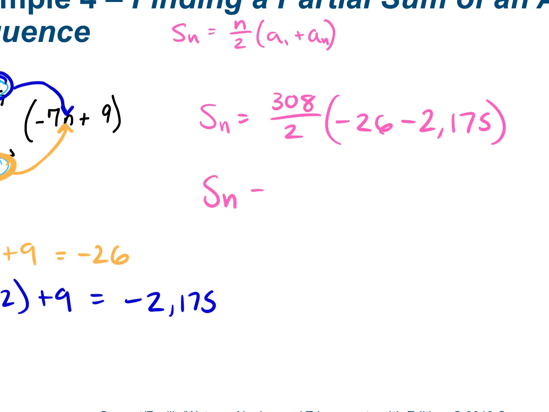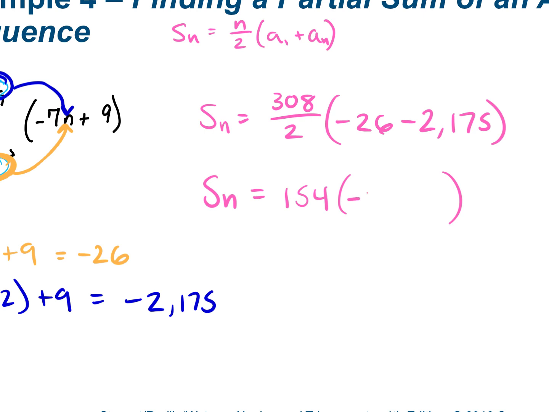So S sub n is equal to, we can do 308 divided by 2, which would be 154. Times negative 26 minus 2,175.